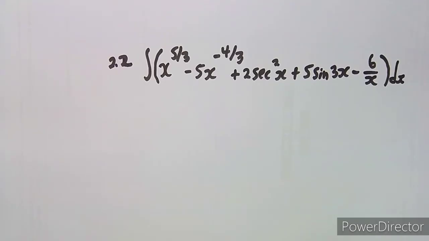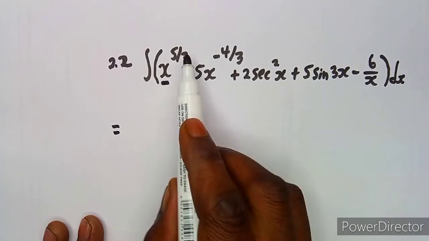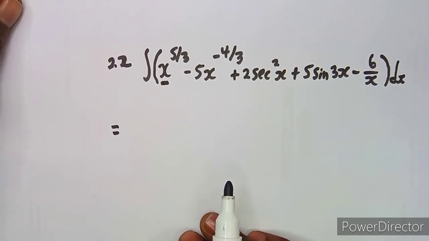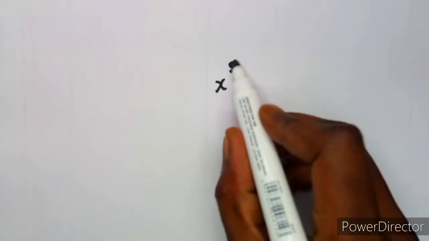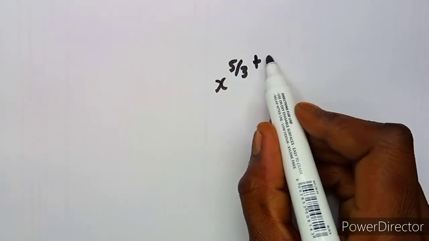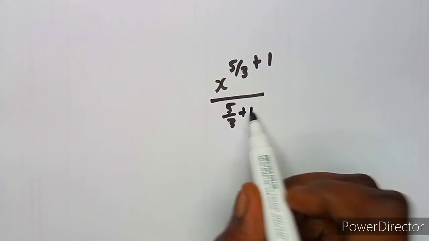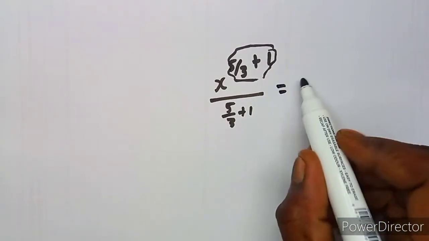Now we can integrate. Okay, so how do we integrate x to the exponent of 5 over 3? Remember, guys, the integral of x to the exponent of 5 over 3, from your laws of integration, you have to add 1 to the exponent here. So x to the exponent of 5 over 3 plus 1, over 5 over 3 plus 1, of which if you add this 5 over 3 plus 1 is going to give us 8 over 3.